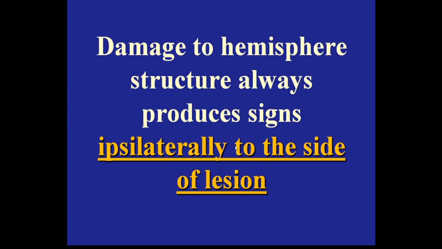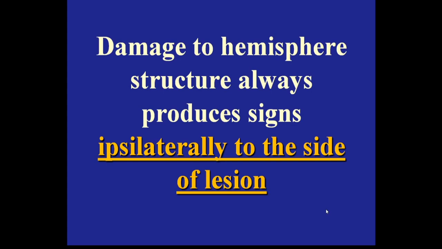So, summary. Damage to hemisphere structure always produces signs ipsilaterally to the site of lesion. Compare with, for example, pyramidal tract or somatosensory function. In that cases, we always have contralateral regulation and contralateral signs of lesion.